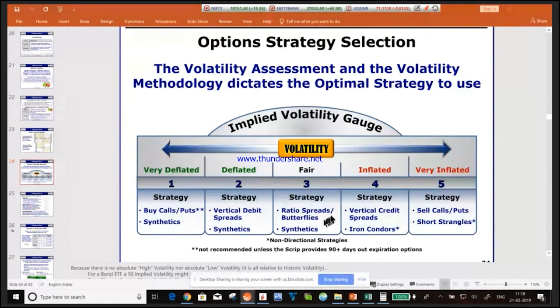Now these ratio spreads and butterflies are removed from the syllabus. So in fact your manual won't have them. It won't be there in your manual, by the way, these section 3 strategies. And there is a reason why we have removed them. When I am explaining the strategies, I'll show it to you. Then you decide whether it makes sense to keep it or remove it.